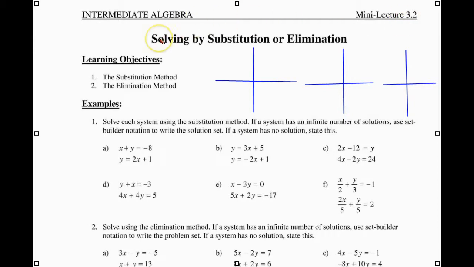where we're going to deal with systems of linear equations, which has a lot to do with graphing. So here, what we're doing, to give you a little background, these are all linear equations in two variables that can be put on a graph.